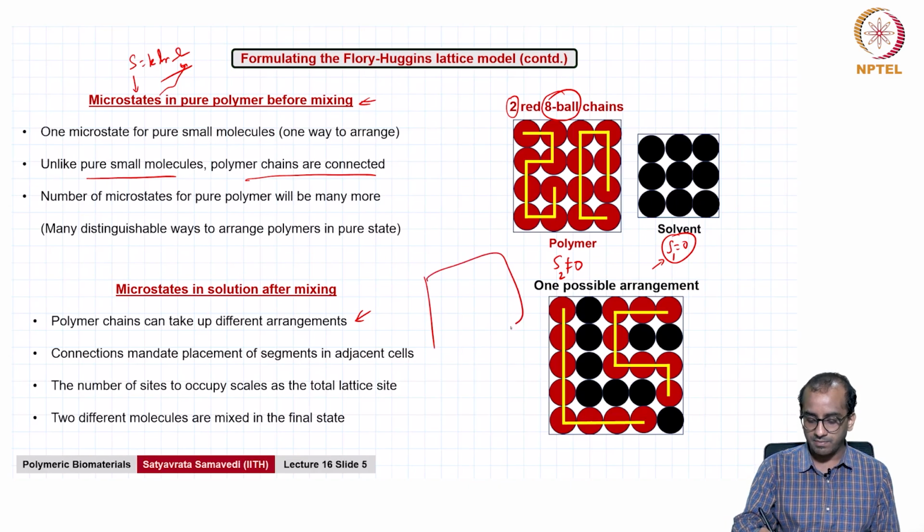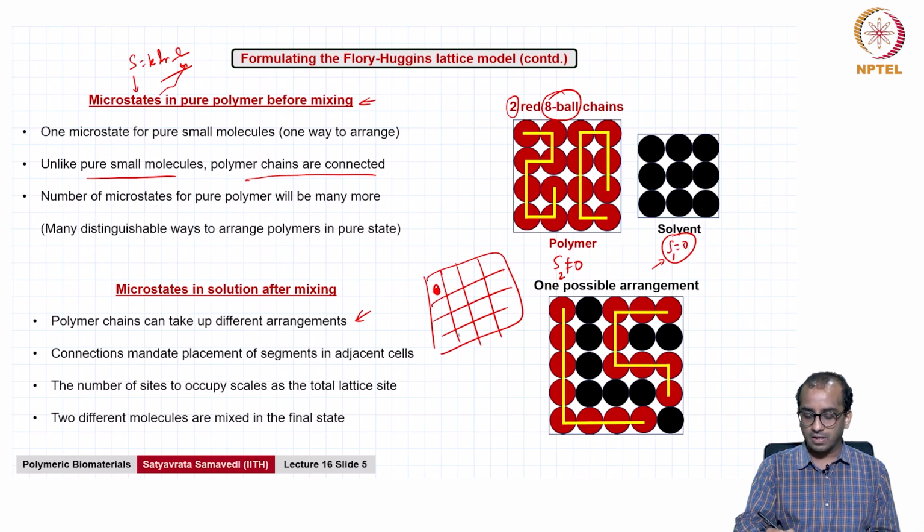Let us say I take the same matrix and I start adding the first mer here. Like I said earlier, I can't add the second mer here. I am constrained by adding the second mer in one of these 3 sites because of the connections the polymer has to make. So, I can add it here, or I can add it here, or I can add it here.